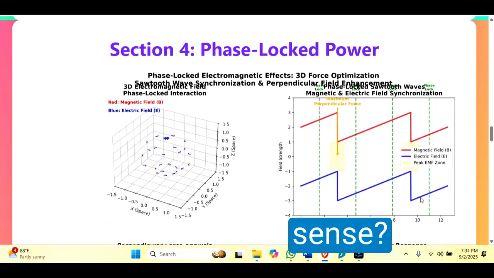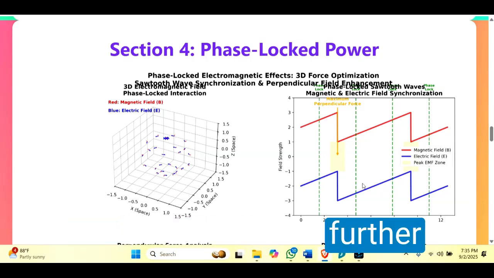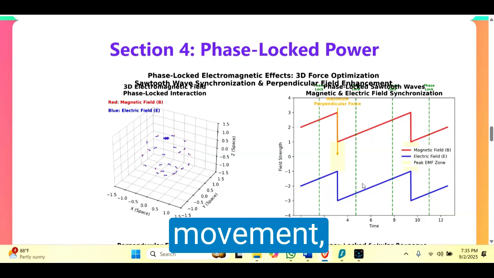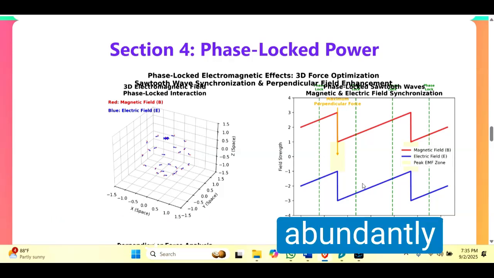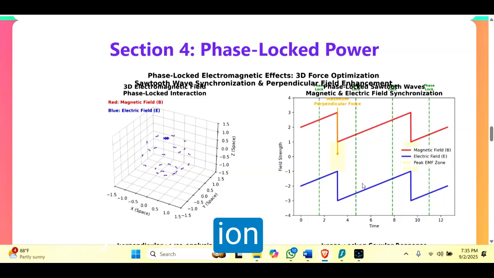Moving. Does that make sense? So it's kind of like a moving escalator moving in one direction, but pulls with each step or stair, it pulls the ion out of solution further in a net movement, and it's moving the ions abundantly to where they're needed. So let's talk about hydrogen ion extraction.